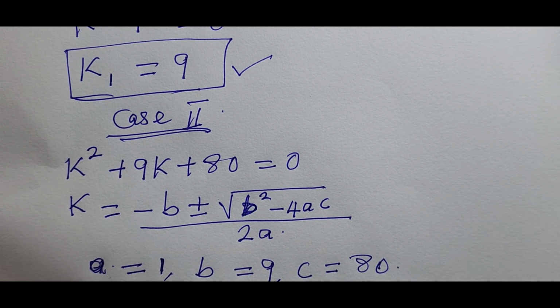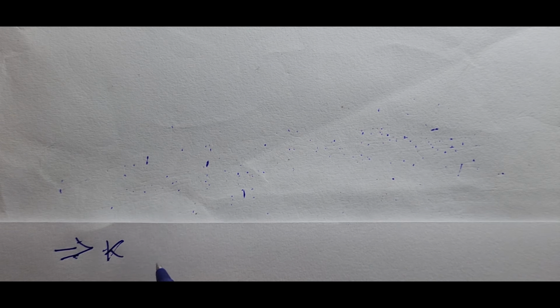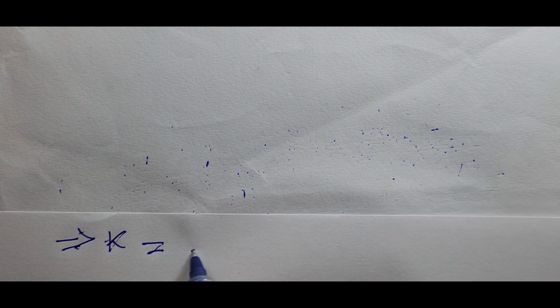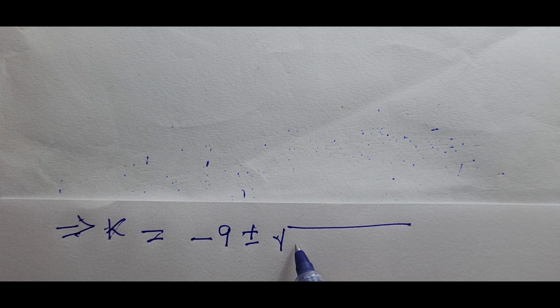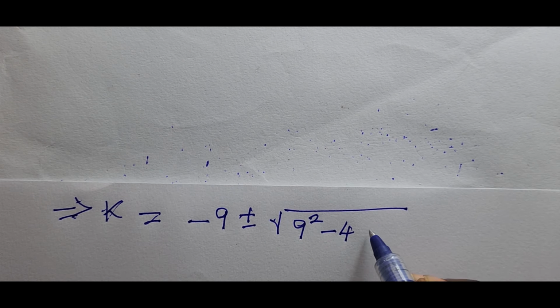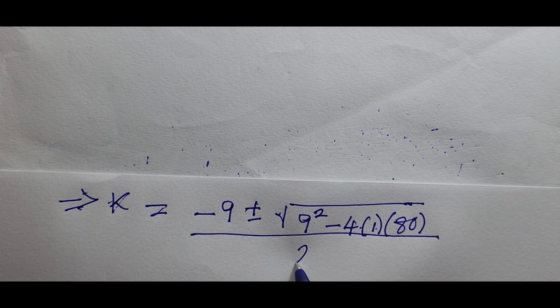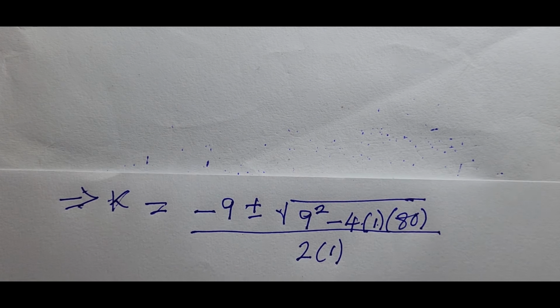So this gives us k will now be equal to minus 9 plus or minus the square root of (9² - 4 × 1 × 80), everything all over 2 times 1.